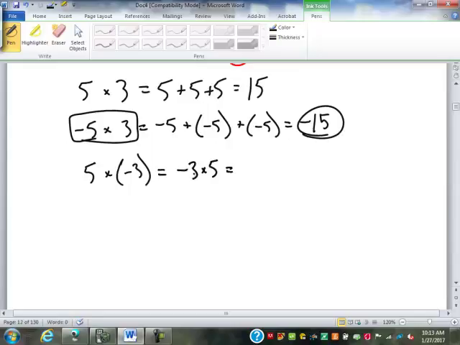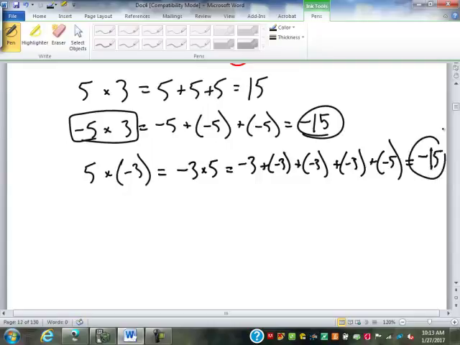So there I'm taking the negative 3 and adding it to itself 5 times. So negative 3 plus negative 3 plus negative 3 plus negative 3 plus negative 3. There's 5. Which adds up to negative 15. There we go.